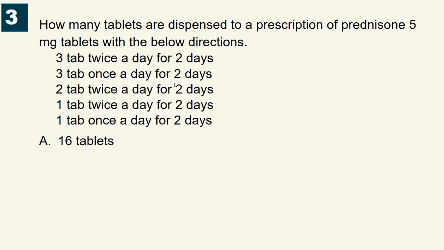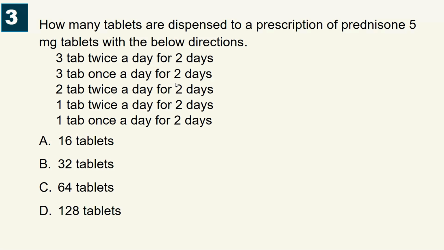The answers here: A, 16 tablets, B, 32 tablets, C, 64 tablets, and D, 128 tablets. I know this question may take more than a minute, so I'll pause for a few seconds so you can calculate this dose. The question is asking how many total tablets are dispensed for this prescription.